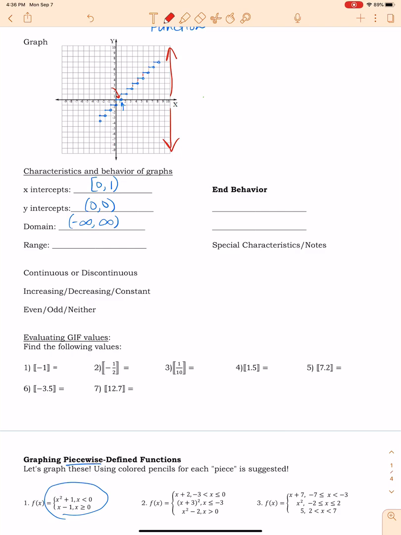The range does not include all of the values. It just includes the integers. And what are integers, Miss Griggs? Well, they're whole numbers, including your 0 and your negatives. That's what your integers are. So in other words, no fraction values. Okay, my end behavior: as x approaches positive infinity, y approaches positive infinity.